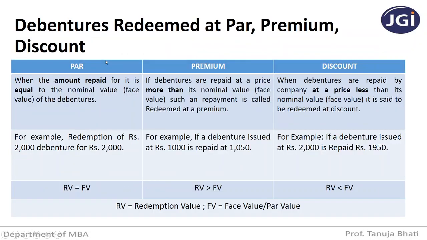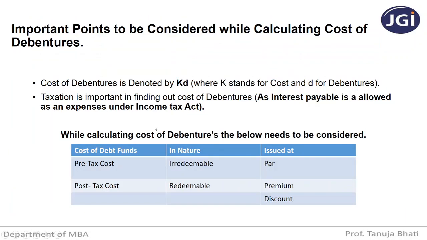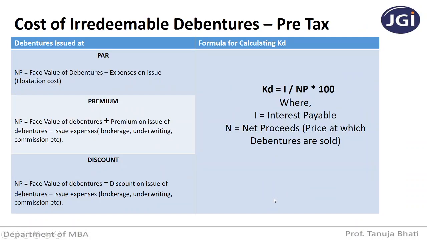Next, once we have already understood pre-cost, post-cost, pre-tax cost, post-tax cost, and once we know the nature and whether they are issued at par, premium, or discount, accordingly we will select the formula to calculate the cost of debentures. So here, cost of irredeemable debentures pre-tax.